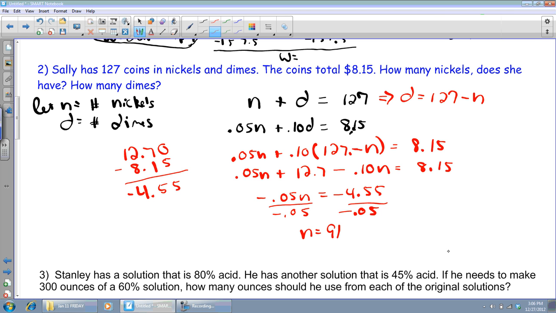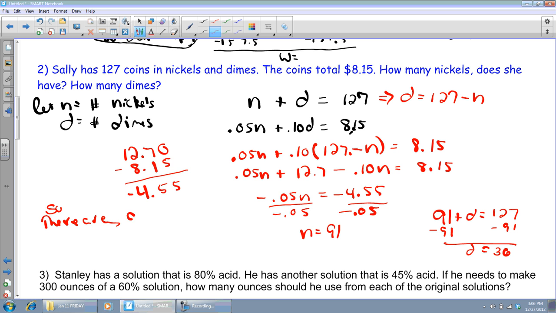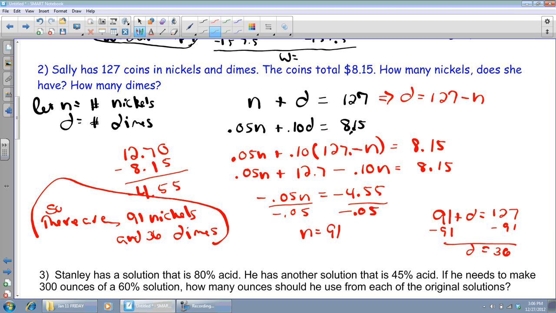And so now I know that 91 plus D equals 127. Subtracting 91, it looks like D is going to be 36. So there are 91 nickels and 36 dimes. And there we go. There's our answer.